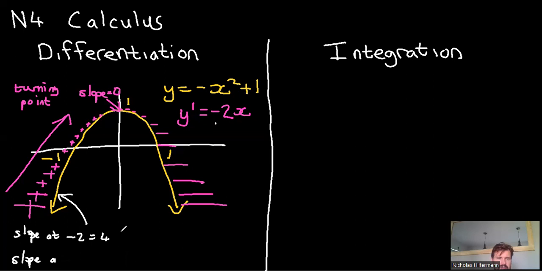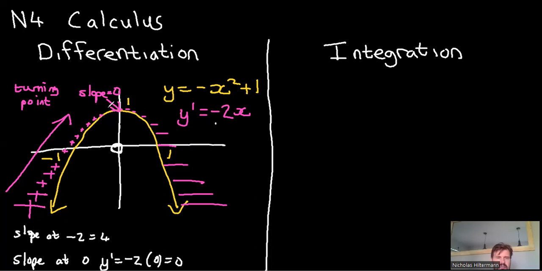What about the slope at 0? Well, the slope at 0, I have to say y dash equals minus 2 times 0 is 0. Well, that's right, because the slope at 0 here, this is the value that there is, it's a turning point.